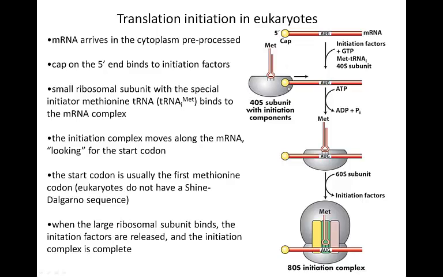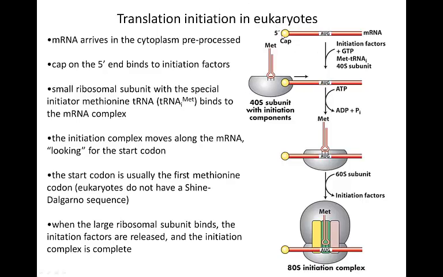Again, the two subunits of the ribosome come apart when we're getting things started, and the small subunit will bind this special initiator methionine. Here's the abbreviation for it in eukaryotes, just called the initiator methionine. This will get bound to the small subunit, and then the messenger RNA will get bound.